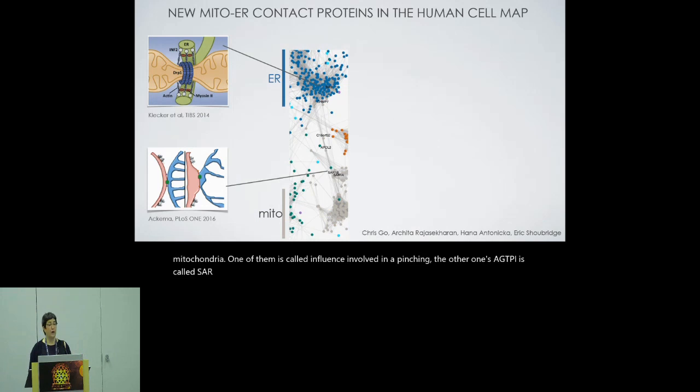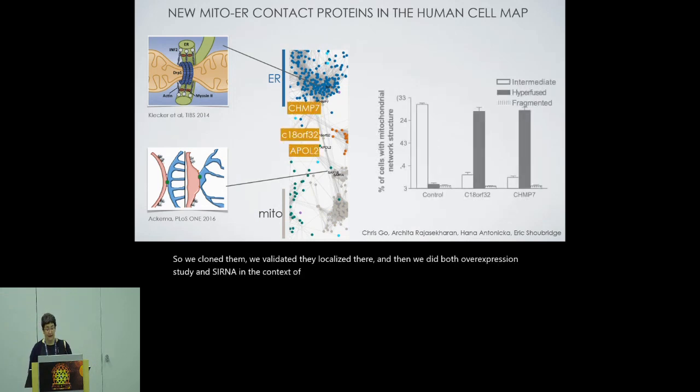And we noticed that there were other proteins that were located in the same areas, or even actually more in between those two structures. So we cloned them, we validated they localized there, and then we did both an overexpression study and siRNA in the context of human fibroblasts for some of those components. One of the hallmarks of proteins that locate at a contact site is they change the mitochondrial dynamics.